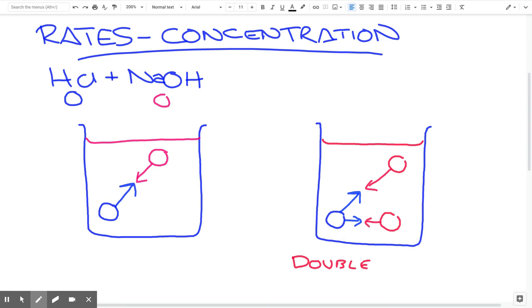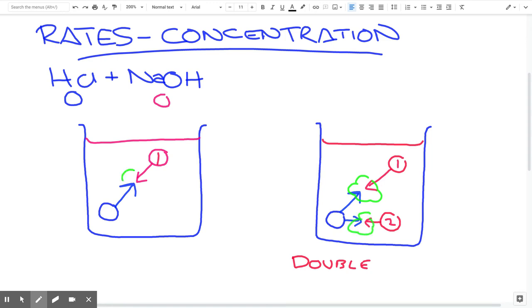Again, arbitrary numbers, but we can see that we've now got twice as many particles in the second diagram as we had in the first diagram. And so what this then allows us to do is see that there are now twice as many possible collisions.